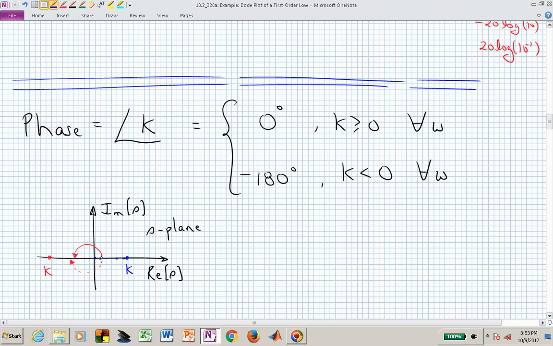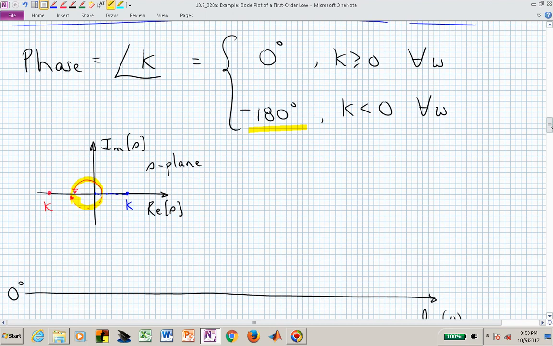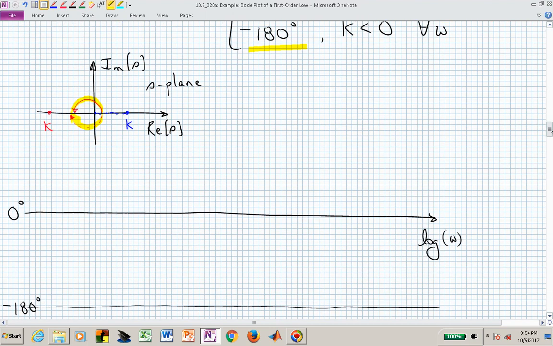Conversely, if we look at the angle between this horizontal positive line and where we need to go when k is negative, then we can either go a positive 180 degrees or a negative 180 degrees. And as I said, let's go ahead and just use the minus 180 degrees because we're usually thinking about delays, and a negative value will give us a delay.